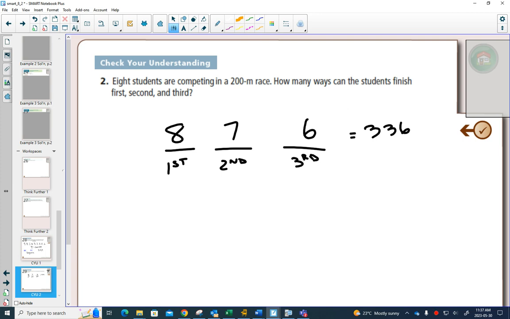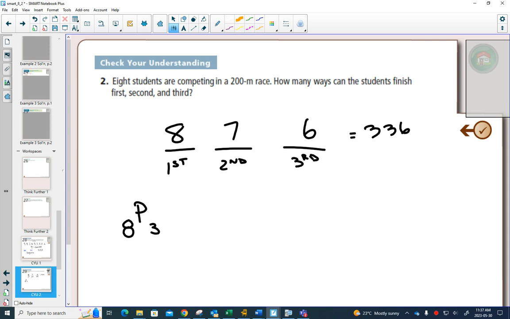Now, according to the permutations formula, you have 8 people, so that's your 8 objects, and you are arranging 3 of them. So the permutations formula says you could have used 8P3. The reason we rarely use this formula is the spaces is really easy to comprehend and to do.